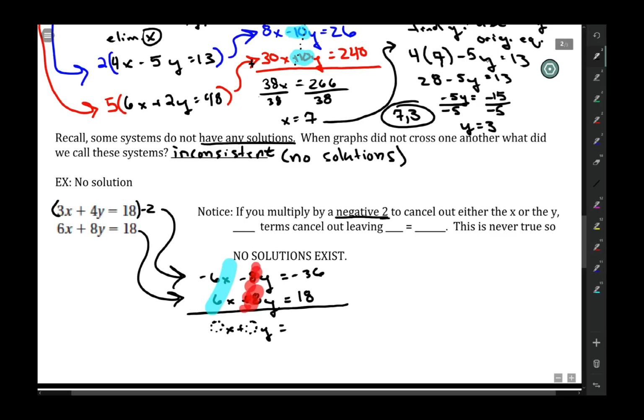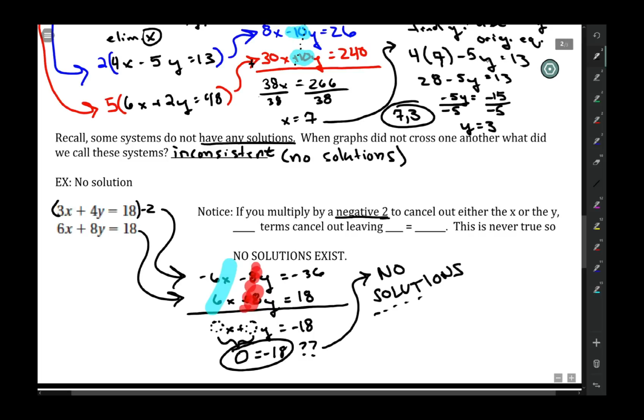But we're equal to negative 18. Okay, students tend to forget 0 plus 0 is 0. Is that equal to 18? Okay, 0, is it equal to 18? No, negative 18. So, since that is not a true statement, there are no solutions. Okay, don't be afraid if you get something like that.